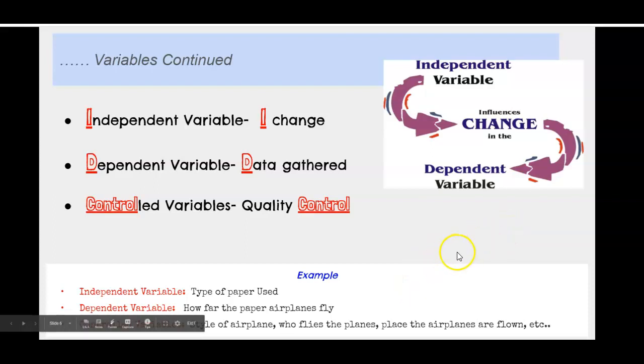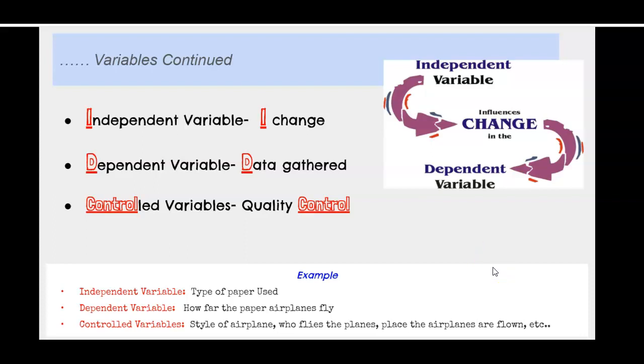So the distance flown then would be the dependent variable. In order to make sure that it's just the paper that's being tested and not anything else, you want to make sure that you're flying the paper in the same room, you're flying it the same way, like you throw it the same way, and that you make the same paper airplane design. All of those things are quality control, right?